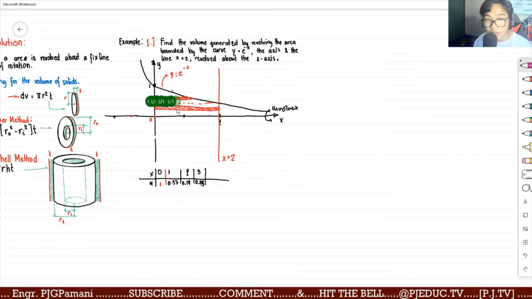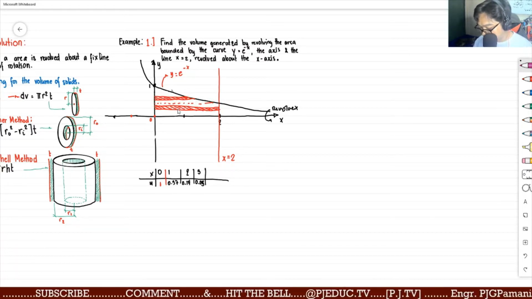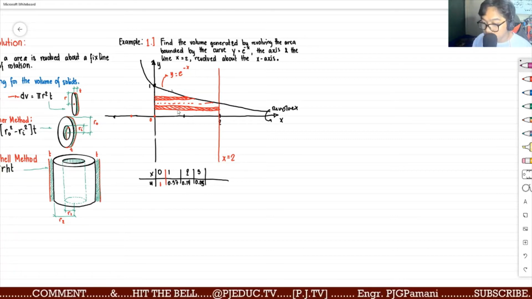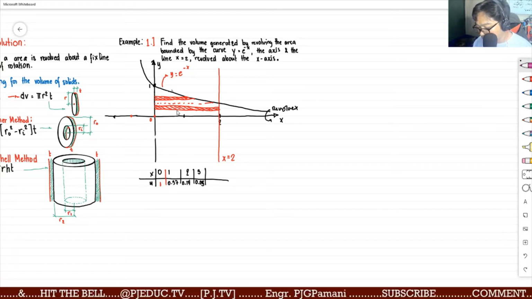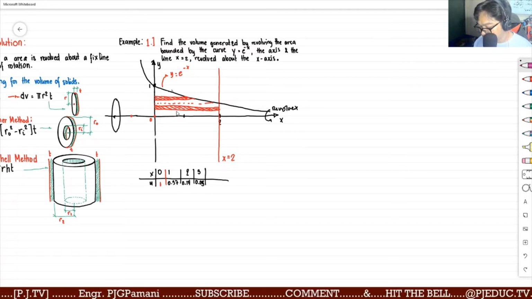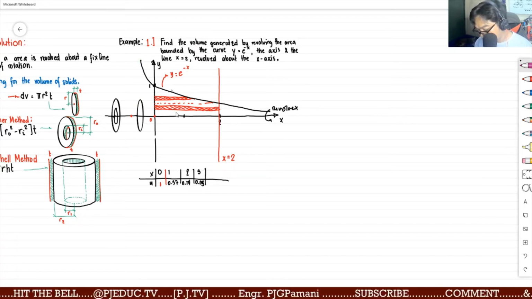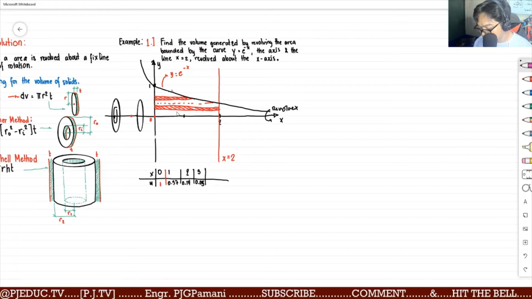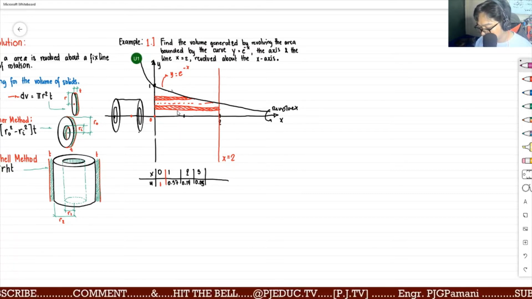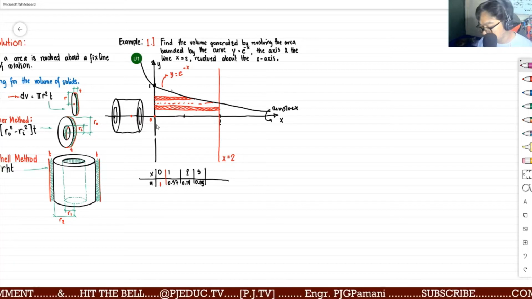Yan. Okay? And we'll need to draw a solid cylindrical object here. Halimbawa, cylinder na yan.